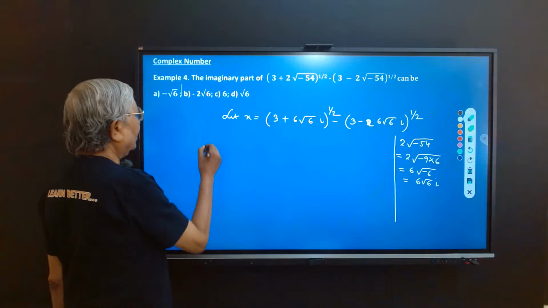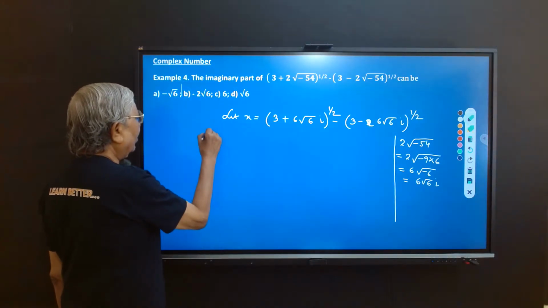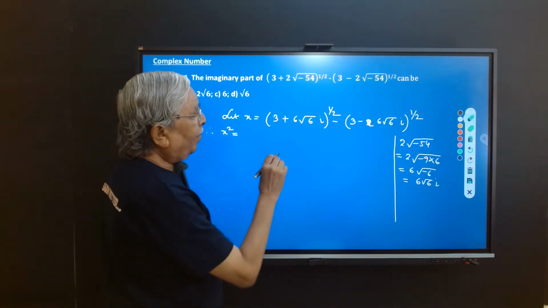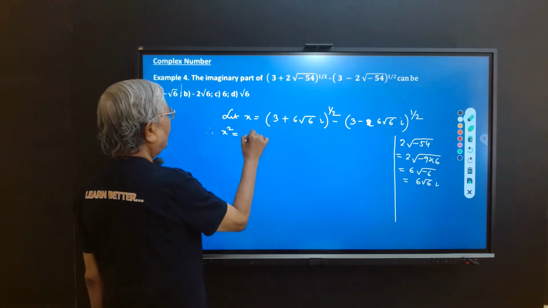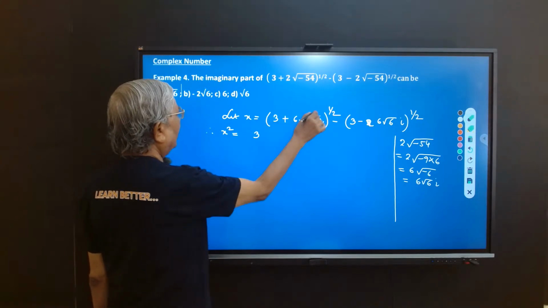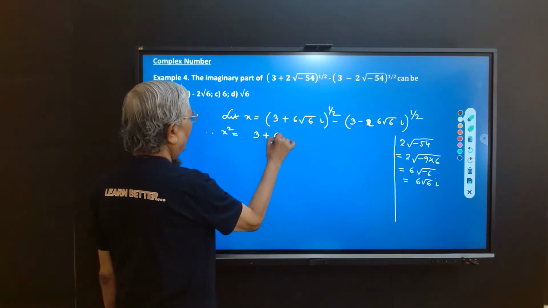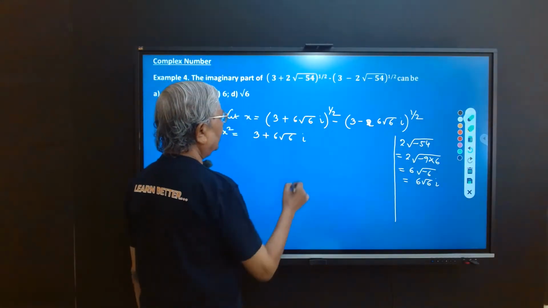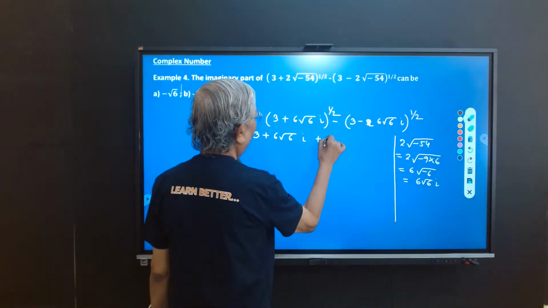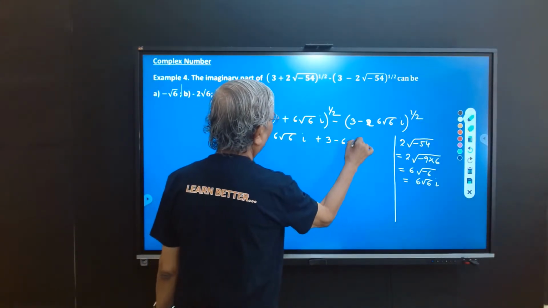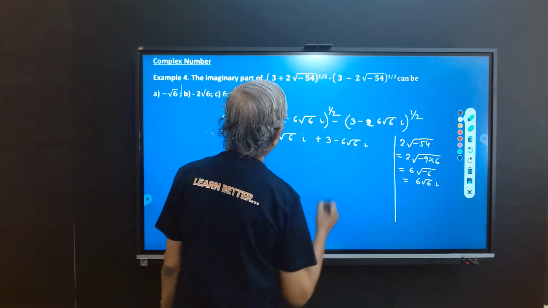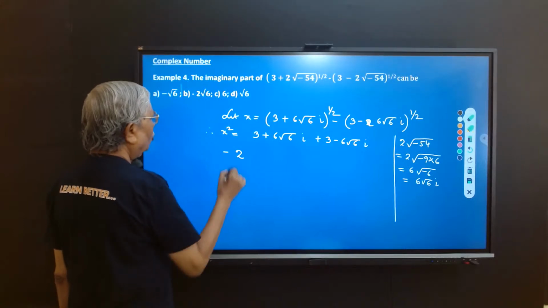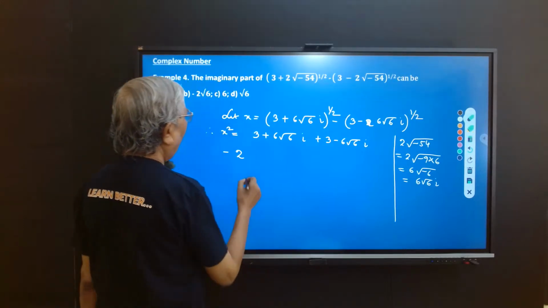Now square both sides. Squaring both sides, what do you get? x squared equals (a minus b) whole square. First a squared, deleting the square root, then plus b squared, then minus 2ab, that is minus 2 into a into b.